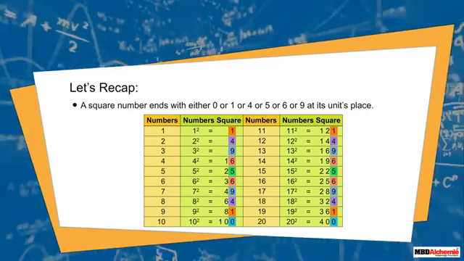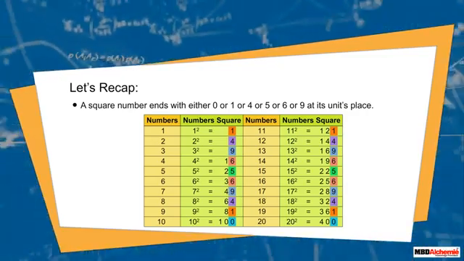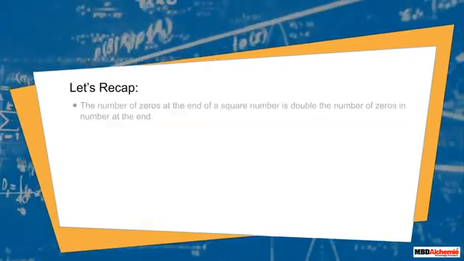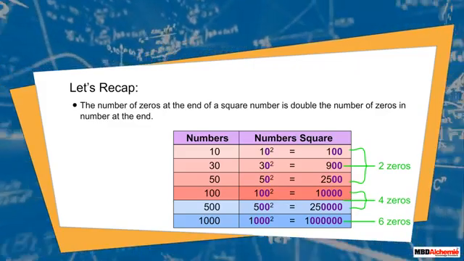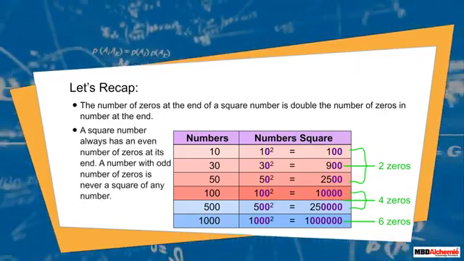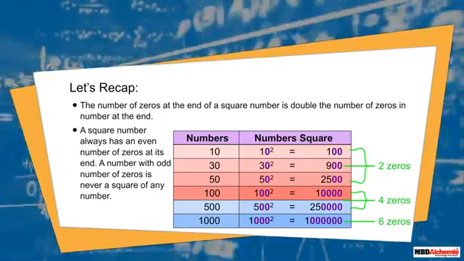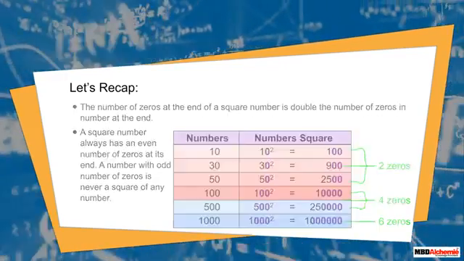Let's recap. A square number ends with either 0 or 1 or 4 or 5 or 6 or 9 at its units place. The number of zeros at the end of a square number is double the number of zeros in number at the end. A square number always has an even number of zeros at its end. A number with odd number of zeros is never a square of any number.